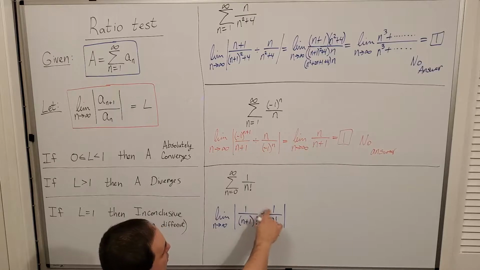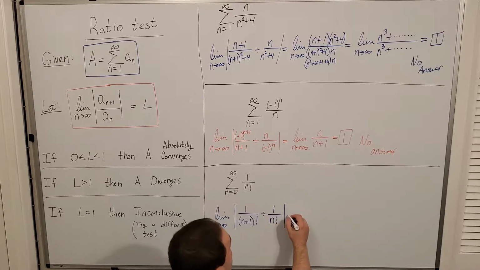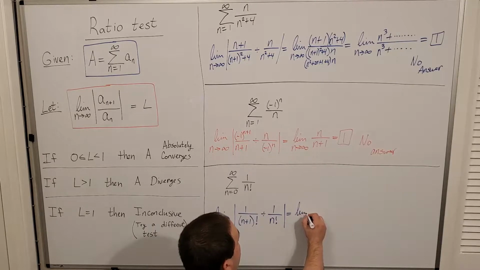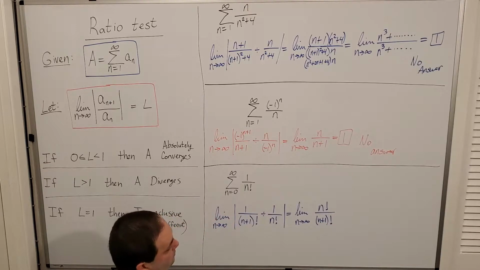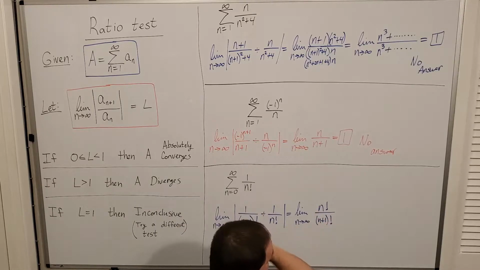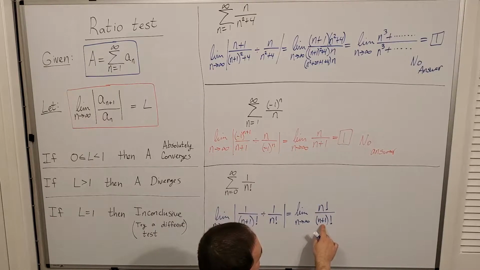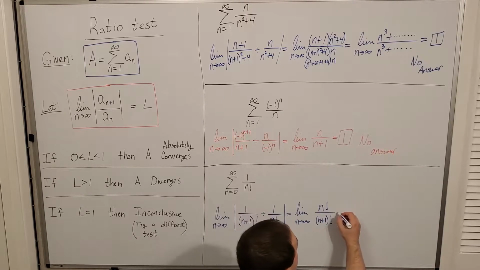Okay, so again, I'm going to multiply by the reciprocal there, which is going to give me the limit as n goes to infinity of n factorial over (n plus 1) factorial. Okay, so this is great because those are both based off of the same value pretty much. This is just one more than this one in the factorial run.